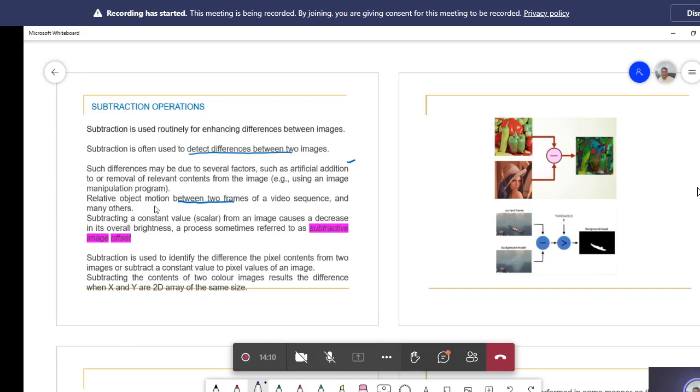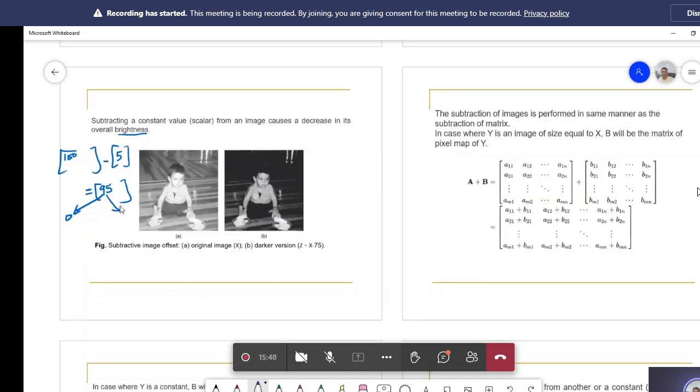Am I right? So it means you are moving towards 0 or towards 1. Which side are you moving, black or white? Hello, is any student in the class? Okay, 0. Black. So that's why I have written here, it decreases its overall brightness.